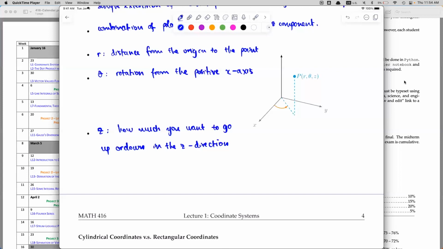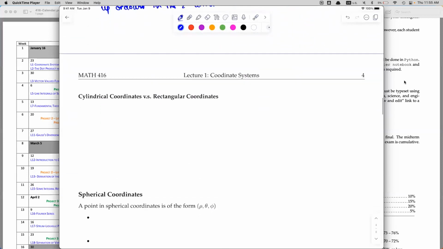For the cylindrical coordinate system, the relationship between the cylindrical coordinate system and the rectangular coordinate system is very similar to what we already saw in the polar coordinate system. The difference is that we just need to add one extra component, which is the z component. So x and y are going to be the same. x is equal to r cosine theta. y is equal to r times sine theta.